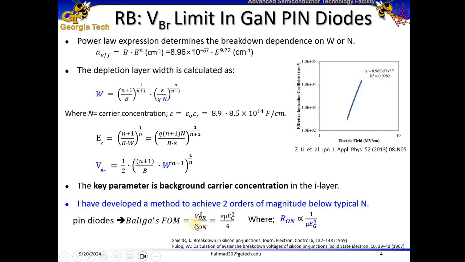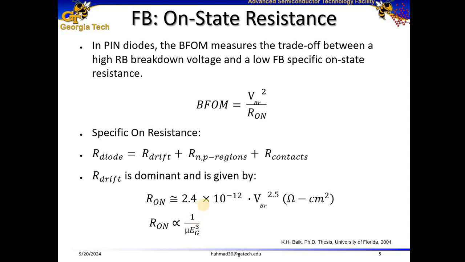of the devices. The on resistance is a combination of the resistance of the drift region, resistance of the N and P type regions, and also resistance of the contacts. However, the resistance of the drift region dominates, so we can effectively say that the on resistance is approximately the resistance of the drift region, and it's equal to this expression.